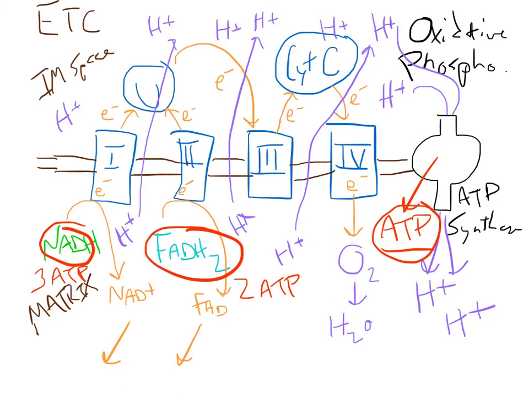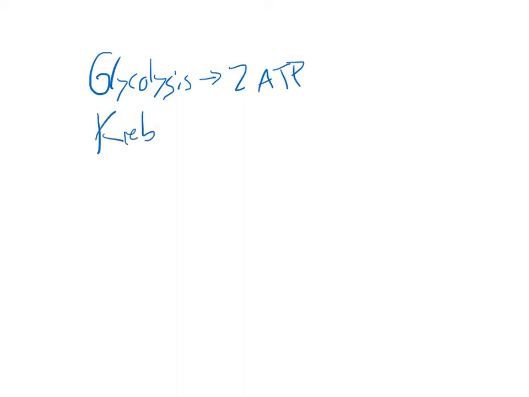So let's add everything up. Remember, this is totally an estimate. Scientists don't know the exact number of ATP that come from this whole process. But if we go back and look, glycolysis made us 2 ATP via substrate level phosphorylation. And the Krebs cycle made us 2 ATP via substrate level phosphorylation.